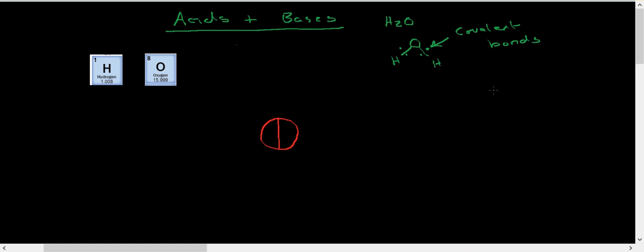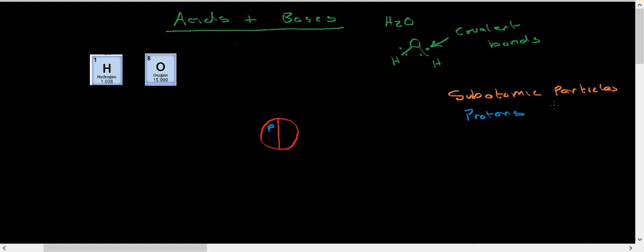So remember, we'll just write them over here: subatomic particles. One of the particles that you have are what are known as protons, and we can represent them with a P. So protons.